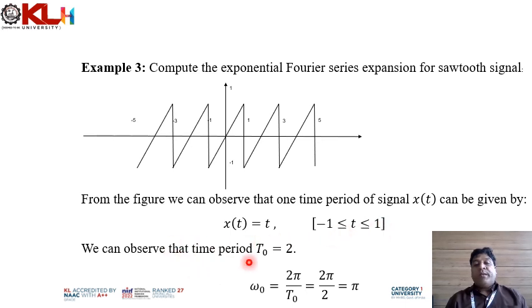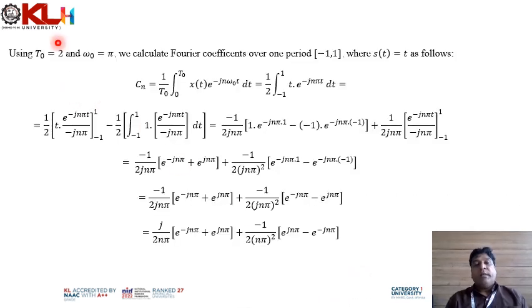So the time period T0 is 2. Hence we can write ω0 = 2π/T0, which will be π. Then using T0 = 2 and ω0 = π, we calculate the Fourier coefficient over the time period -1 to 1.